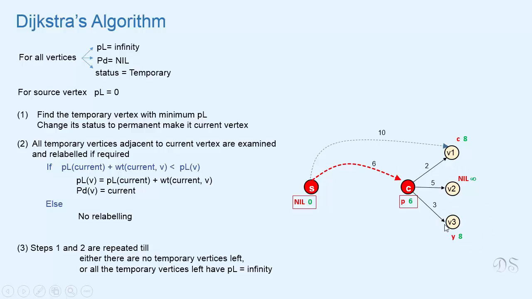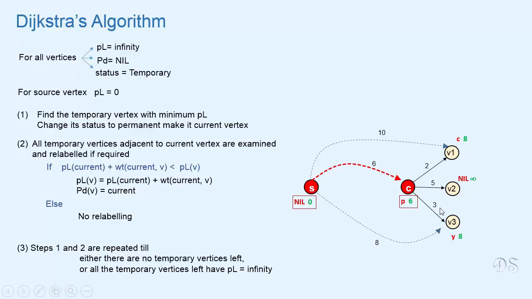Now let's examine this vertex V3. Path length of V3 is 8. It means that till now the shortest path that we know from S to V3 is of length 8. And the predecessor of V3 on this path is vertex Y. Now let's check this condition. Path length of this current vertex is 6. Path length of this vertex V3 is 8 and the weight on this edge is 3.